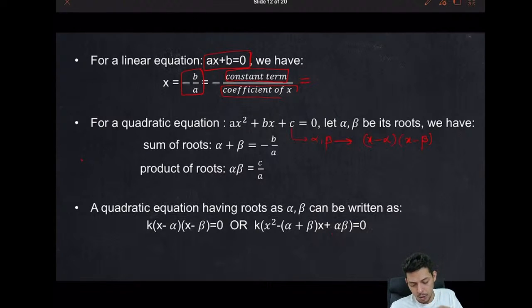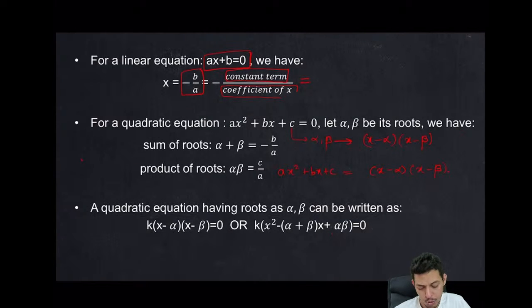Of course, I can write this expression as something like this. But one has to be careful here: are these two expressions the same? They will be the same if the coefficient of x square on the left hand side is also 1.